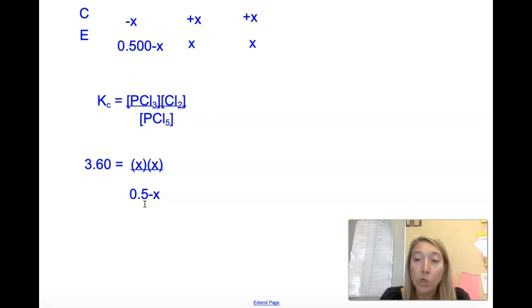Some of you may choose to do the quadratic formula, which is also doable. We would have to move this over, do the 3.6 times 0.5 minus x, and expand that out. This would give us our x squared. If we were doing the quadratic, we would set it up as 0 equals the x squared, the x, and then the thing without the x.